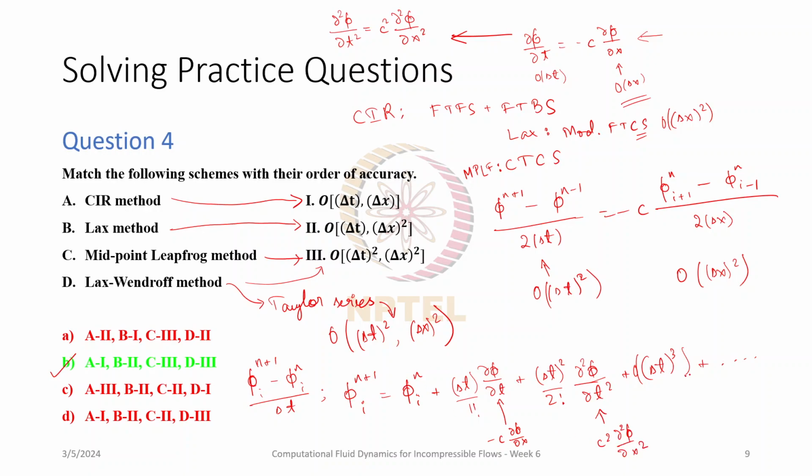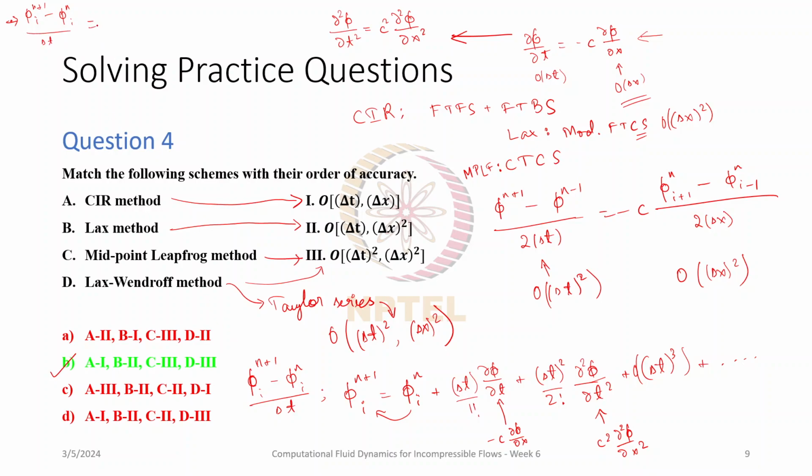Then we take this entire thing, take this side and divide by delta t. I'm short of space here, so I'm writing here. This would give us phi at n plus 1 and phi at n, the difference of them, divided by delta t, because that's what we want.